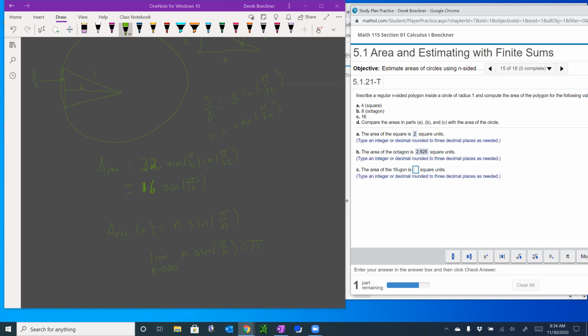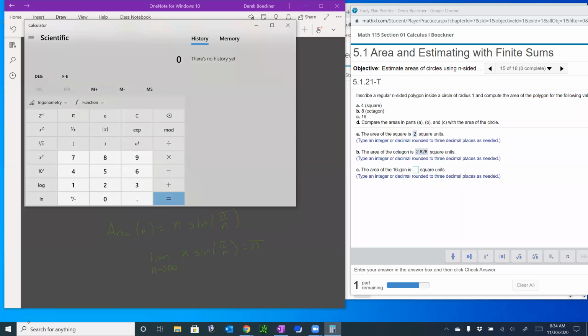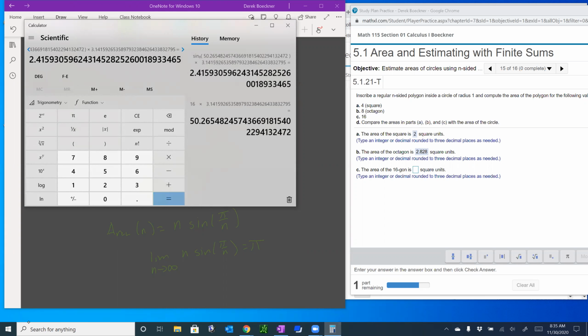I could do this with n's. We're going to put 16 in there. Let's get a calculator. That's not radians, is it?